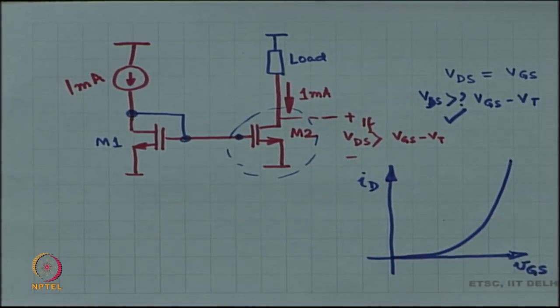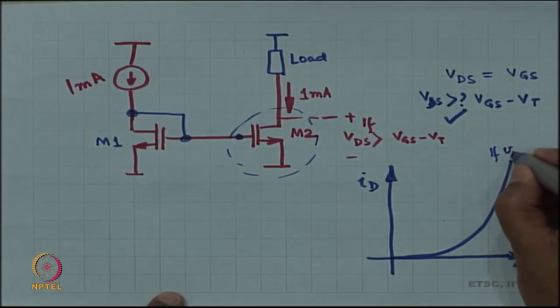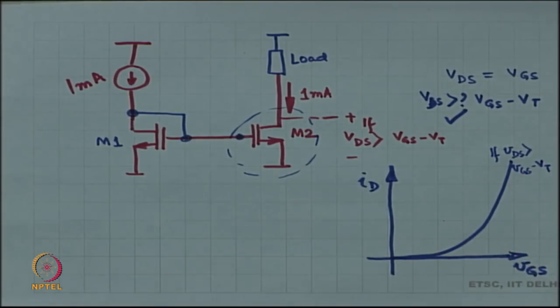You remember this characteristics? ID as a function of VGS. This characteristics is valid when VGS is such that VDS is greater than VGS minus VT. VDS has to be greater than VGS minus VT. Then this curve is valid. Okay. Some k times VGS minus VT the whole squared.